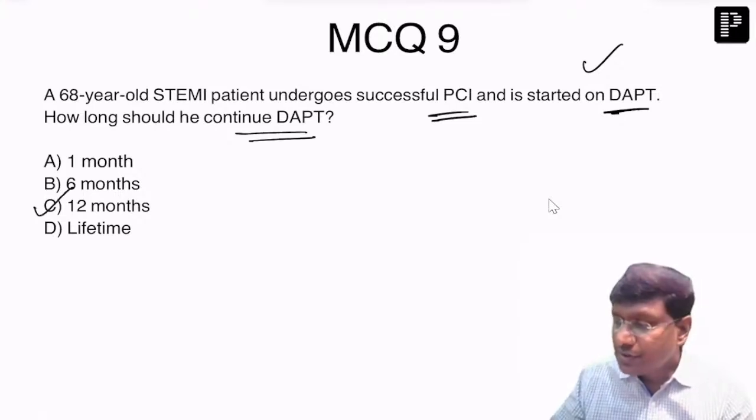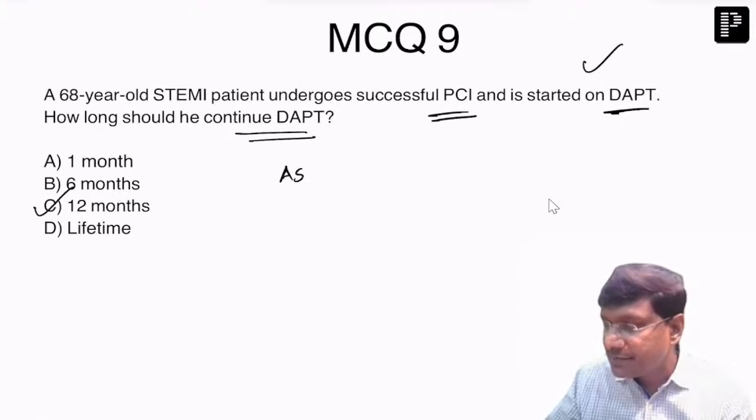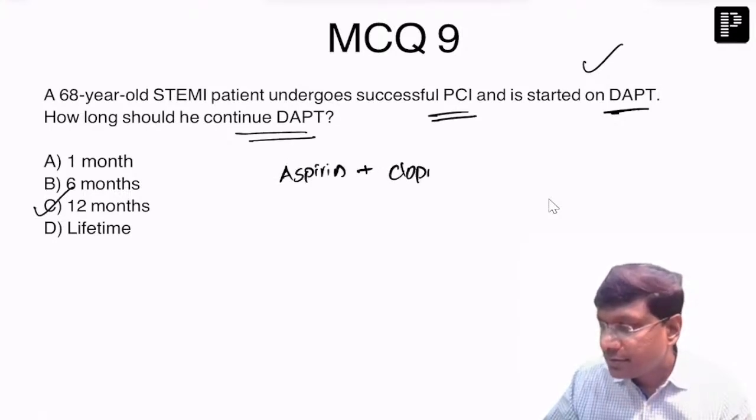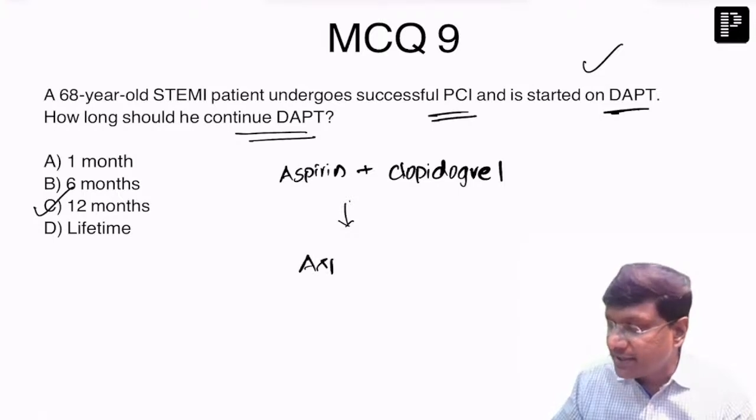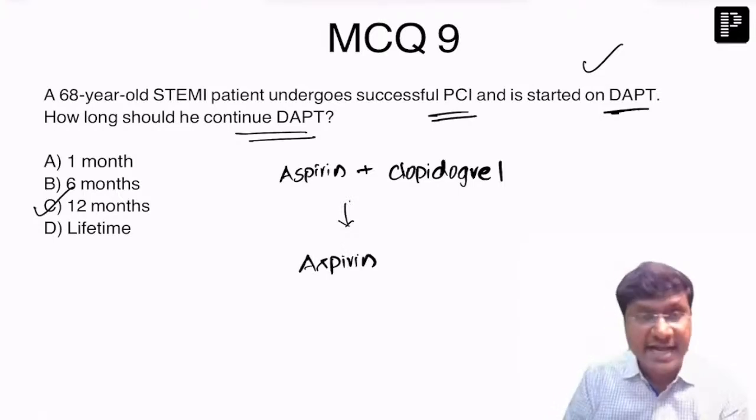He has to continue aspirin plus clopidogrel, or even ticagrelor, for a duration of 12 months. Followed by that, single antiplatelet therapy should be continued, that is aspirin. Okay, right. Last question.